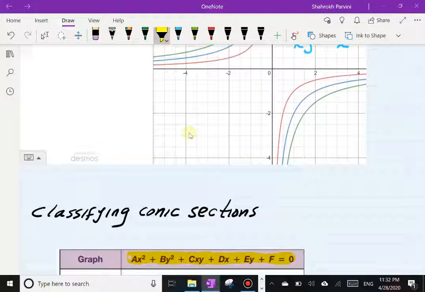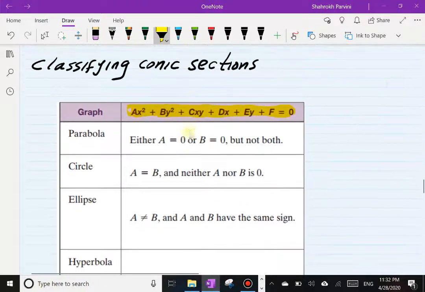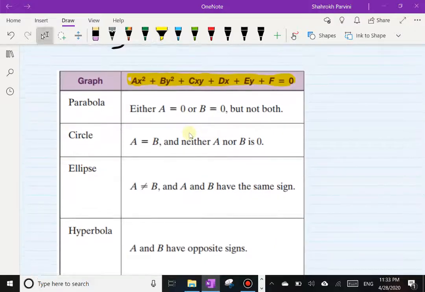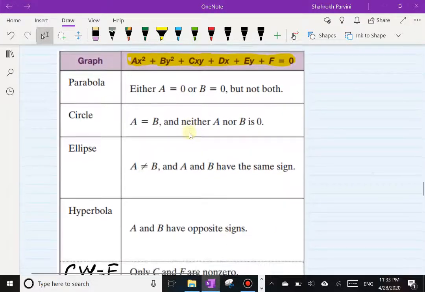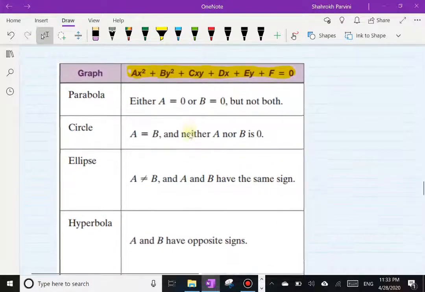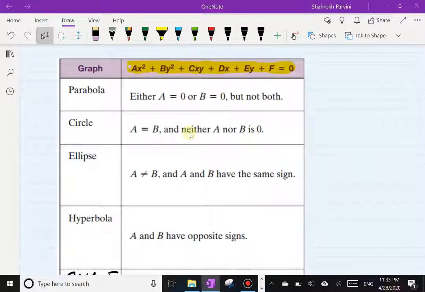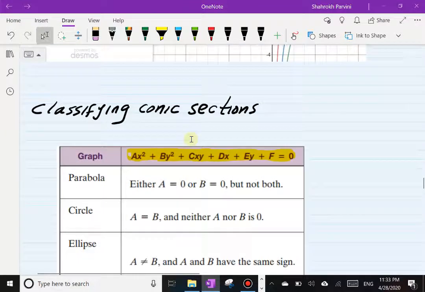Well, the key is 2 numbers, a and b. Remember, those are the starting numbers: ax squared, by squared, cxy, that's the product we just saw, dx, ey, equal to f.